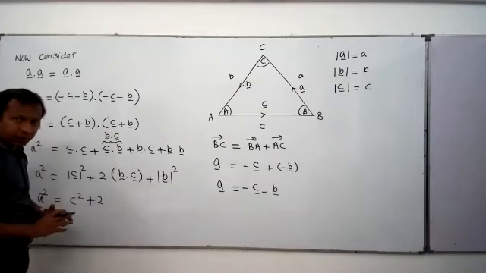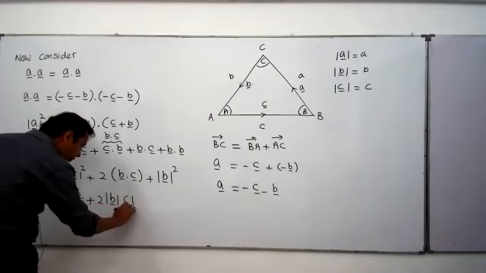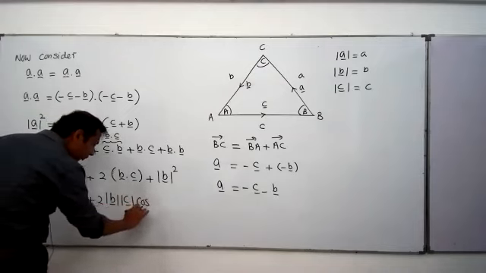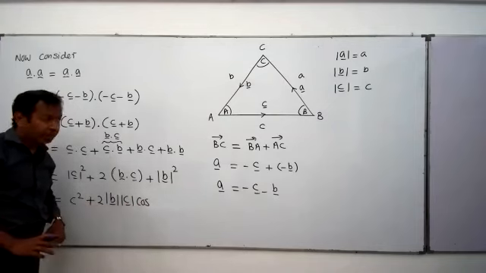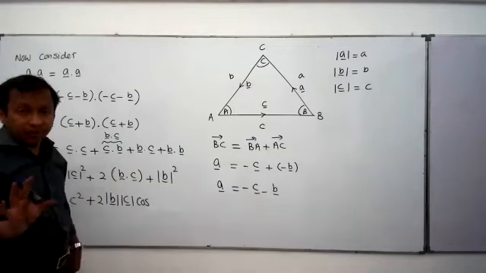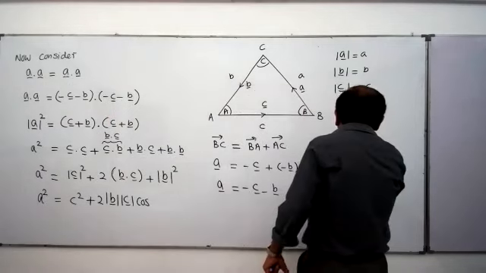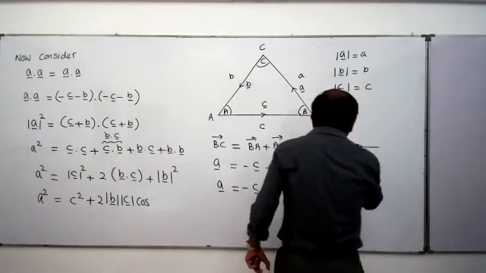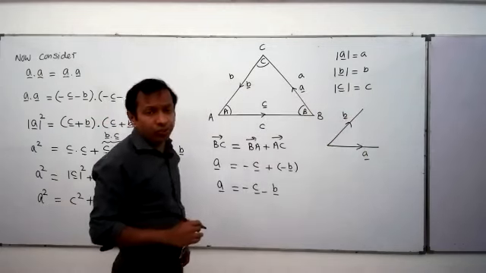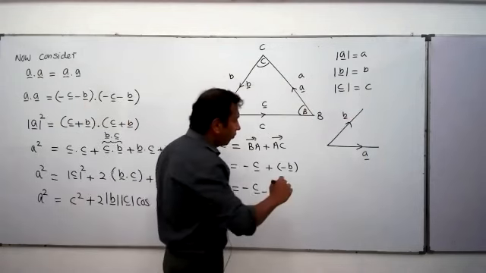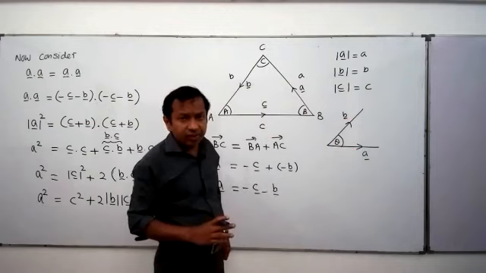How to write, people, B dot C? Modulus of B, modulus of C, cos. What is, people, angle? Between B and C angle. Here also, you have to understand something like this. Can you remember at the very beginning of this lesson, when we define dot product between 2 vectors A and B, the angle we took between A and B as this, people. See, what is that angle?